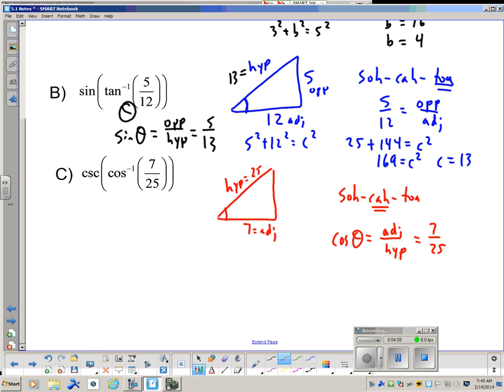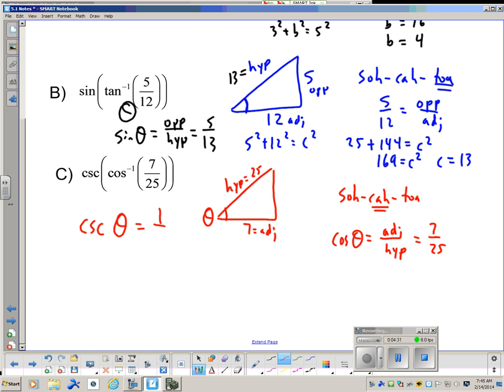So now looking at these, we can go ahead and determine what the cosecant is. So cosecant of theta, if you remember what cosecant is, it's 1 over sine. So we can set that up.